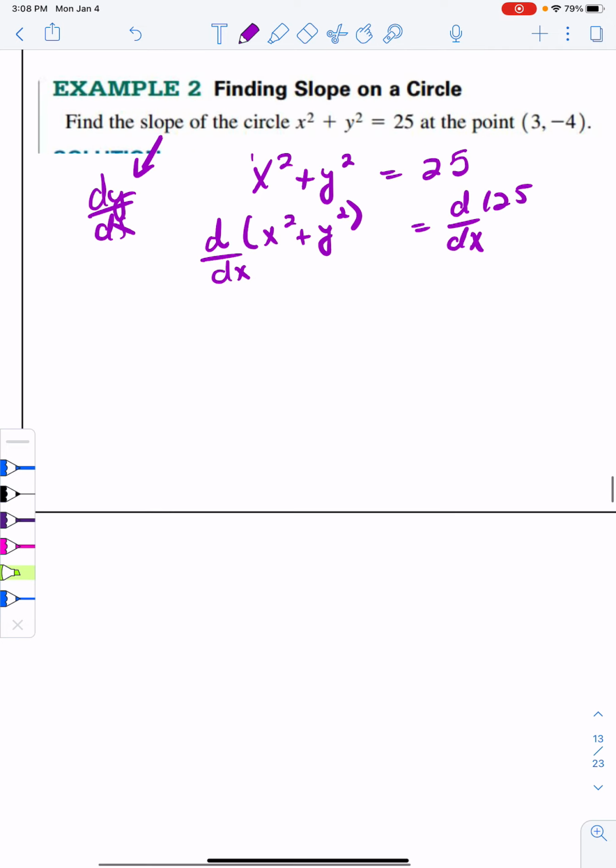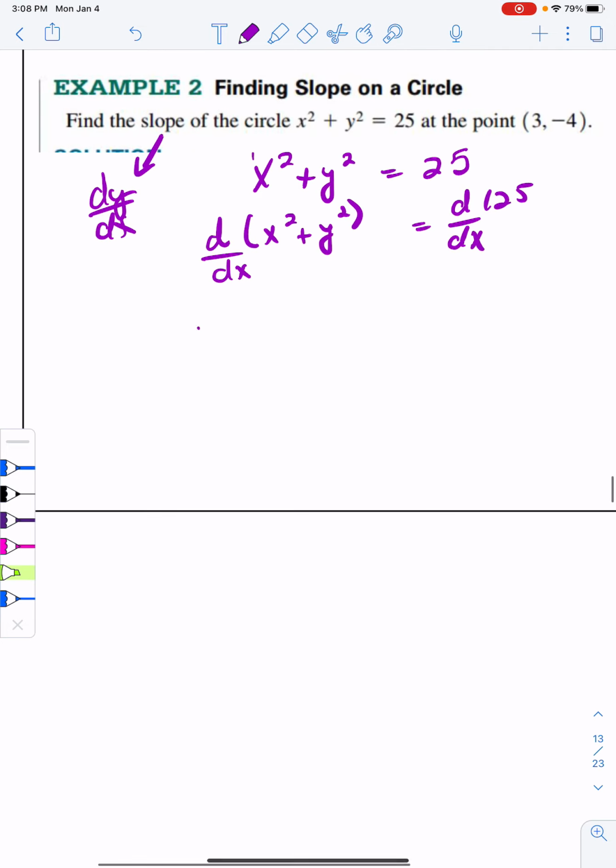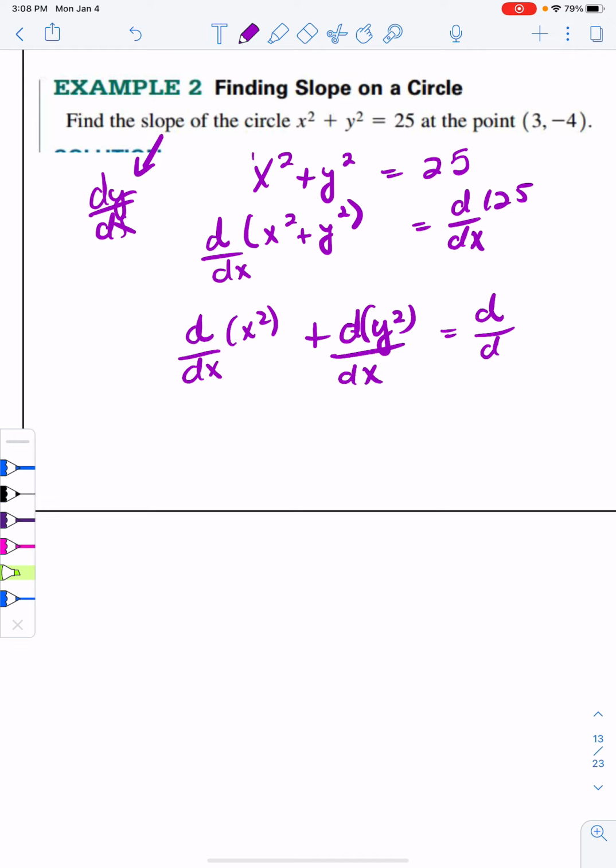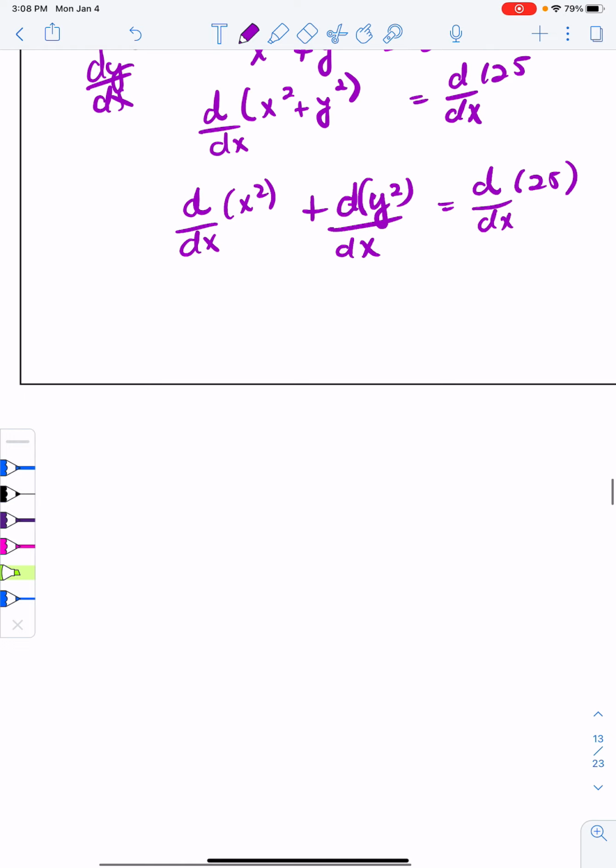So you're going to say, well, the derivative of x squared with respect to x, plus the derivative of y squared with respect to x, is equal to the derivative of the constant 25 with respect to x. Well, we can apply these rules on the left-hand side because they're variables. We know what to do.